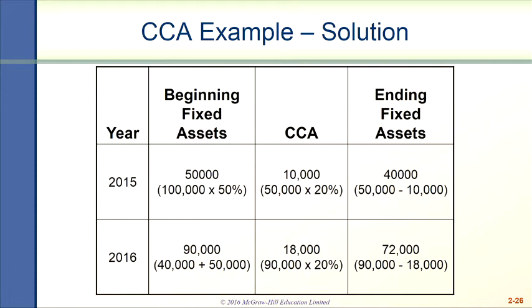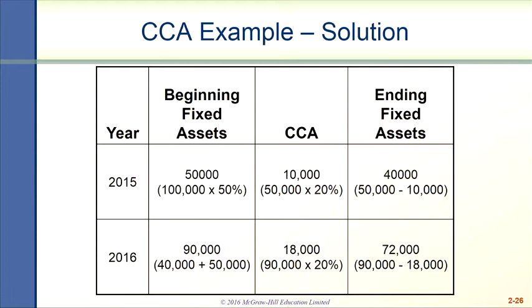And that gave us 40,000 based on the half-year rule. However, going to the second year, the other half that we have not depreciated will be added to the 40,000. Hence, that's how we got to 90,000 in 2016, and we continue thereon.